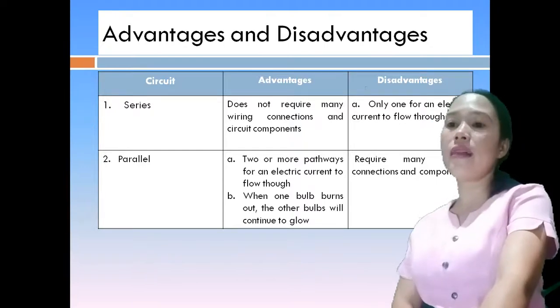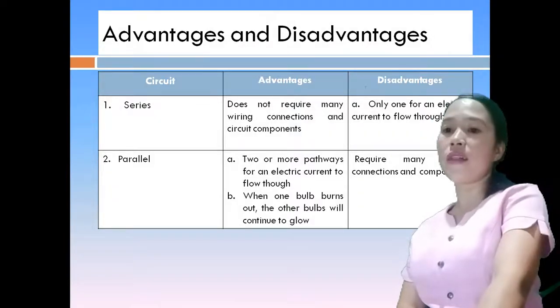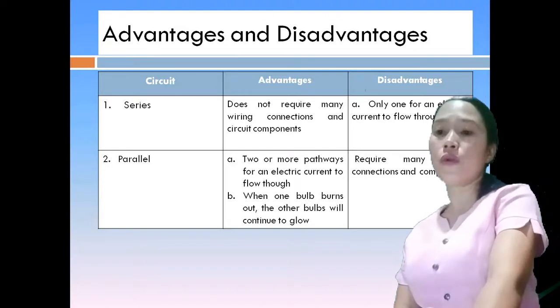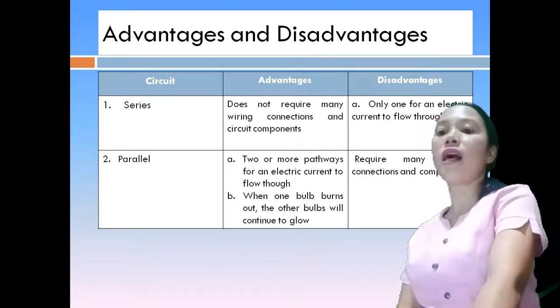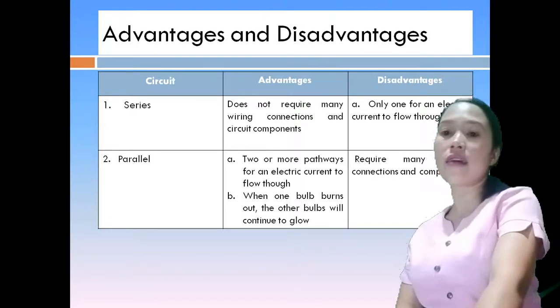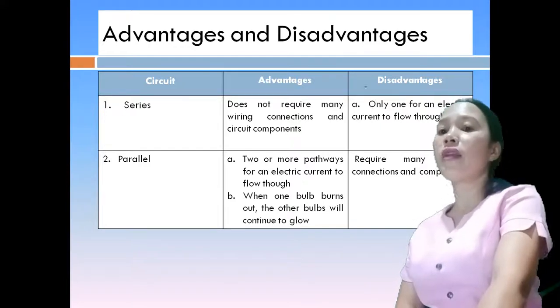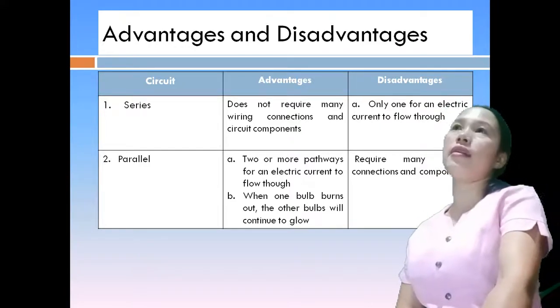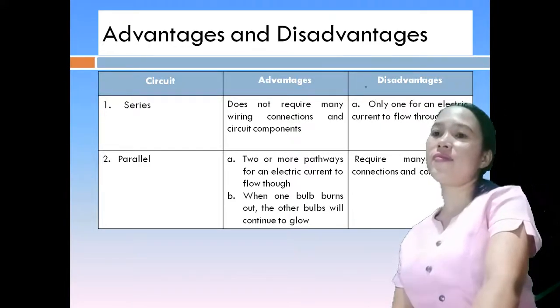While in parallel, there are two or more pathways for an electric current to flow through. When one bulb burns out, the other bulbs will continue to glow. The only disadvantage for parallel is that it requires many wiring connections and components.